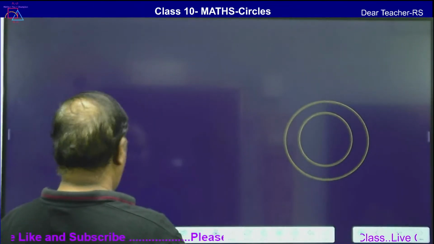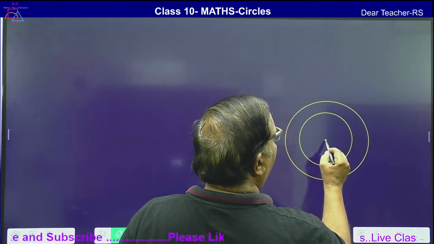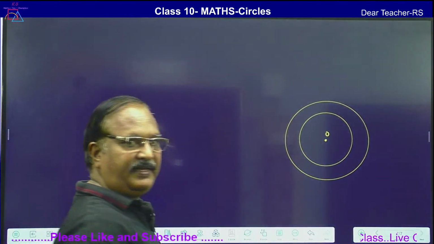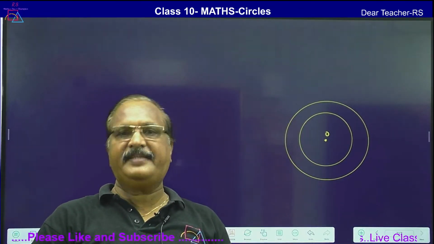These are the concentric circles. For both the circles, center is same. Concentric circles, the circles having the same center.